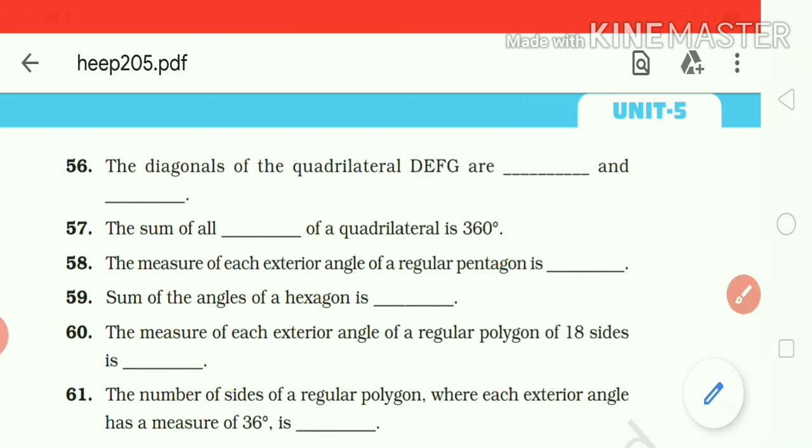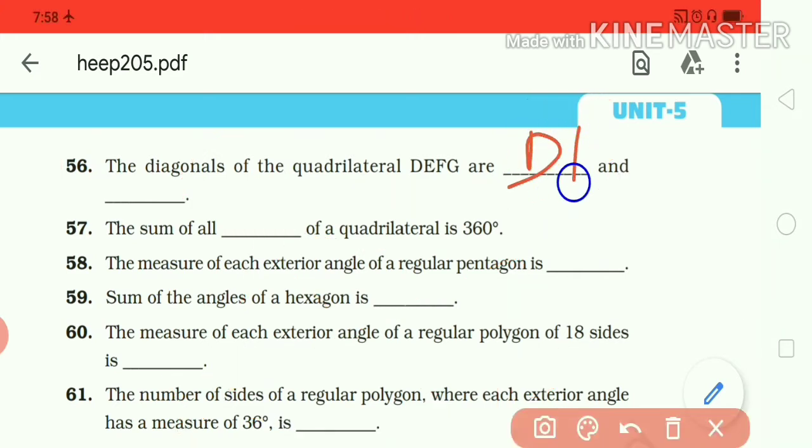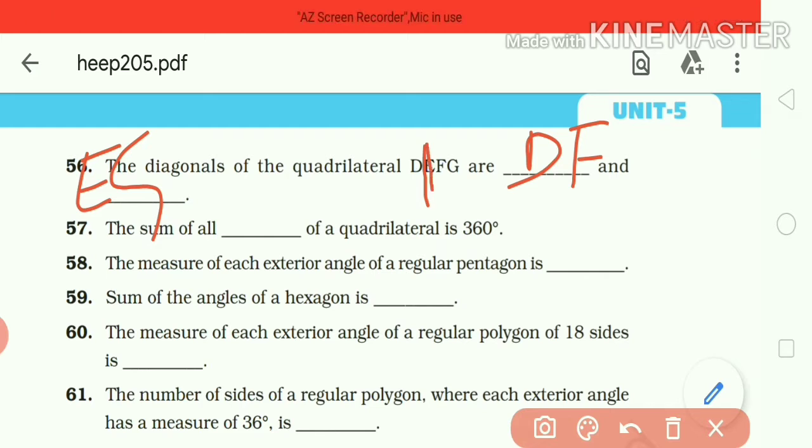So DF and EG. Without drawing also you can say, after alternate vertices we can find a diagonal. So these are alternate.